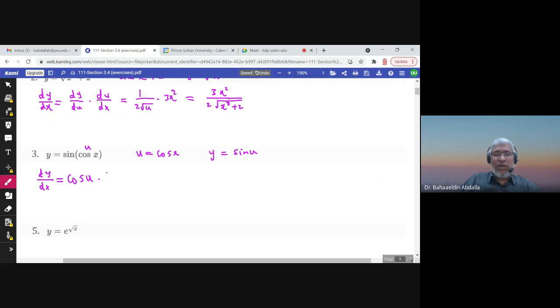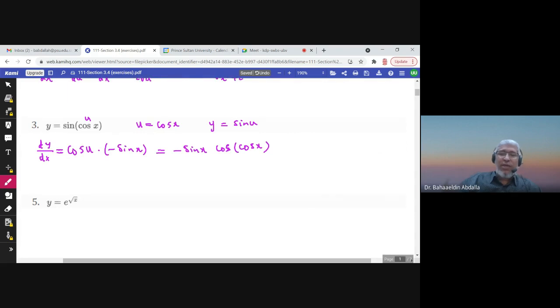Derivative of cosine x is negative sine x. So the answer would be negative sine x times cosine u, but u is cosine x. So this would be the answer, negative sine x times cosine of cosine x. So this is the derivative of y.